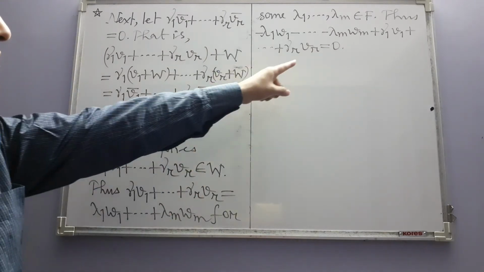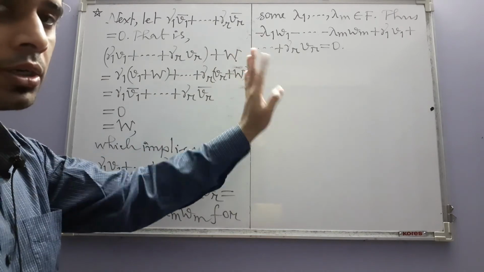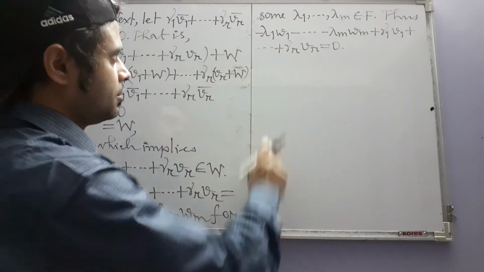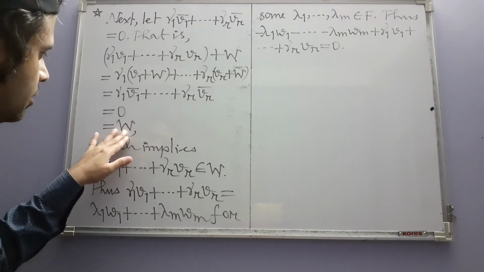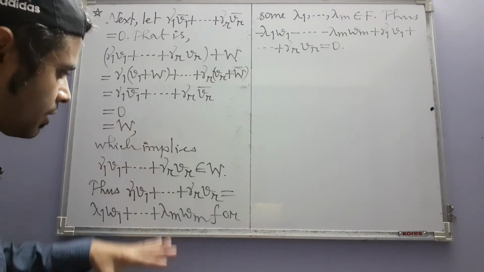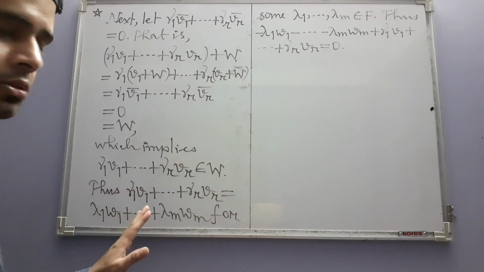This 0, however, is our 0 in the vector space capital V. It's not capital W. Okay. This calculation, the moment we have gotten rid of capital W, we have come to the level of the vector space capital V. We are no longer in the quotient space.